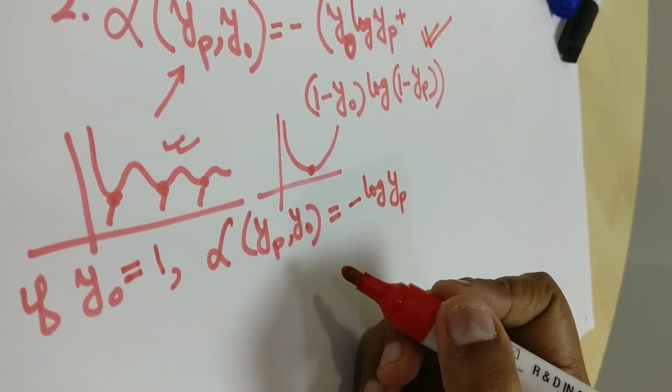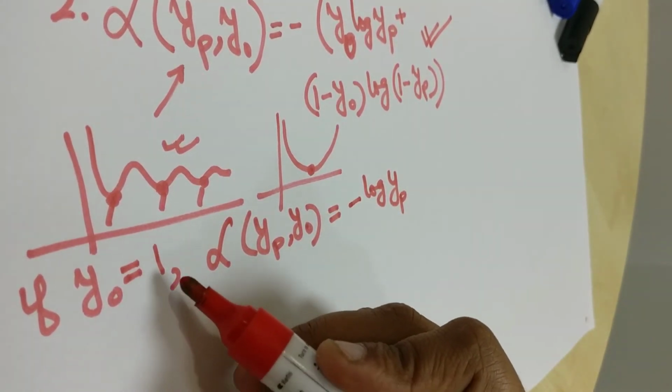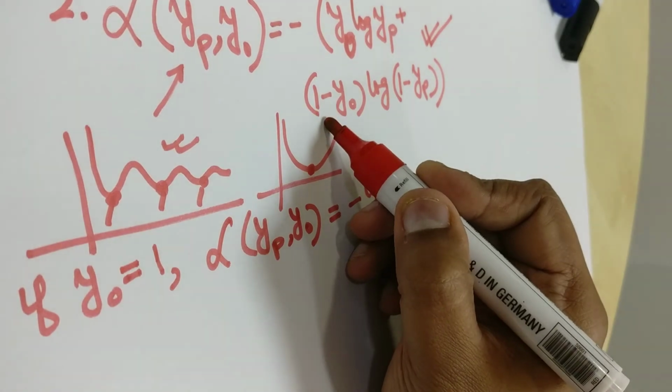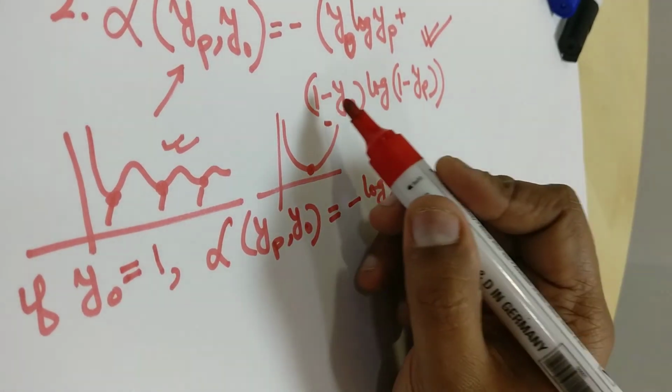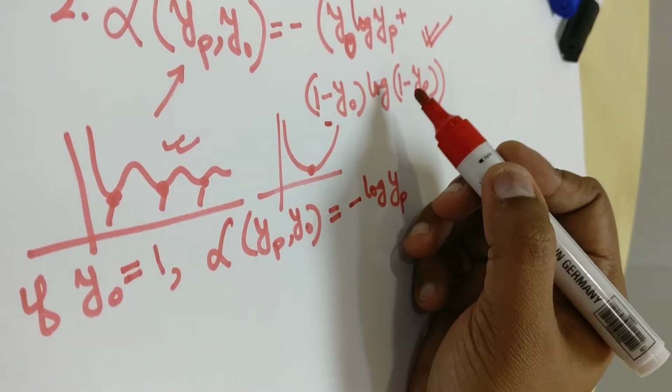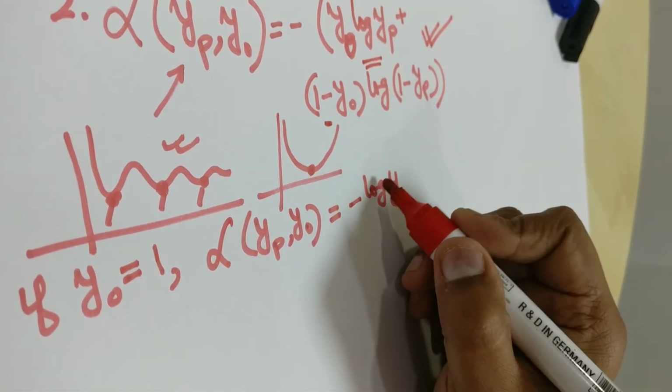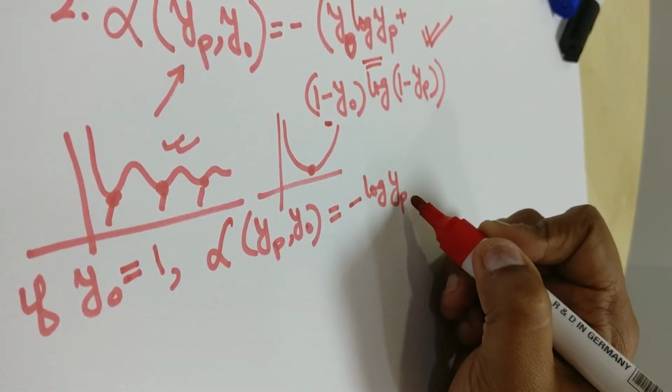And in this case, when it is 1, then we know that this portion here will be 0, right? 1 minus 1 is 0, so this term cancels out, so we are left with this term, and that is minus y log of y predicted.